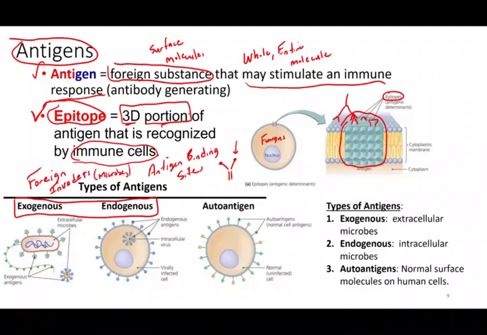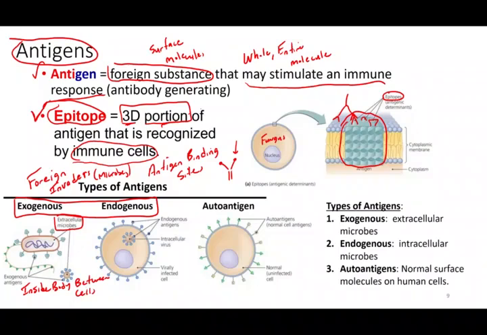It could be a virus, it could be a bacteria, it could be a fungus, it could be whatever it is. So there's really going to be two locations that these microbes can exist if they have indeed entered our body. They can be extracellular microbes, and that means they're inside our body, but they are between cells or outside of cells.